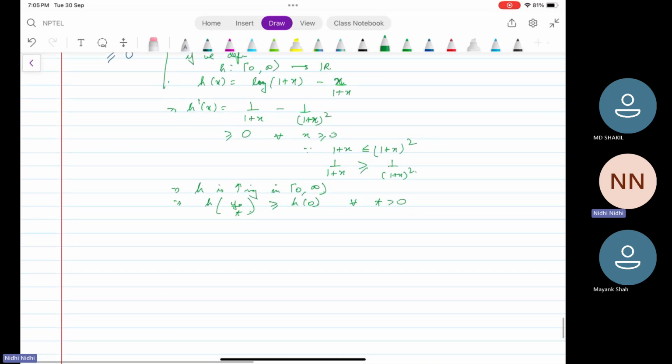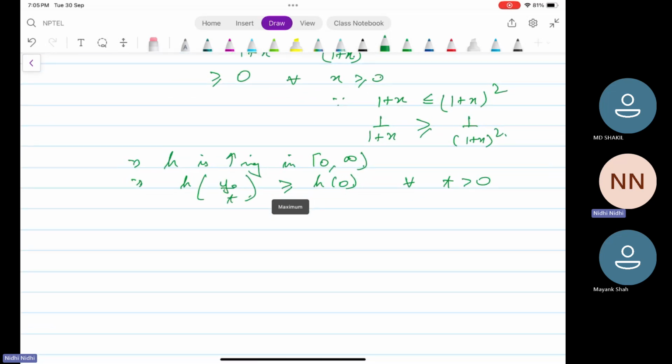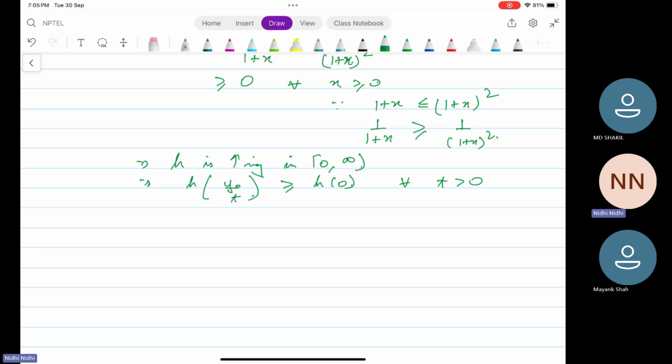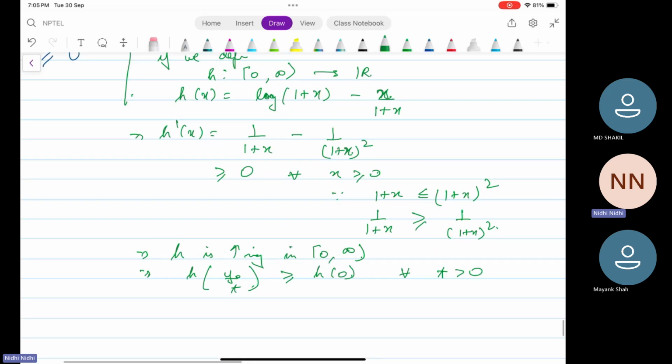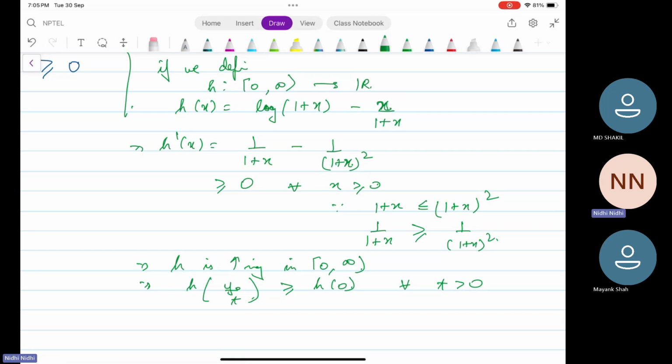So eventually this y naught by t is a positive term. It is greater than or equal to 0. And since h is increasing, h at y naught by t would be greater than or equal to h at 0. And you can see that h at 0 is nothing but log 1 minus 0. Log 1 is 0, so this is 0.